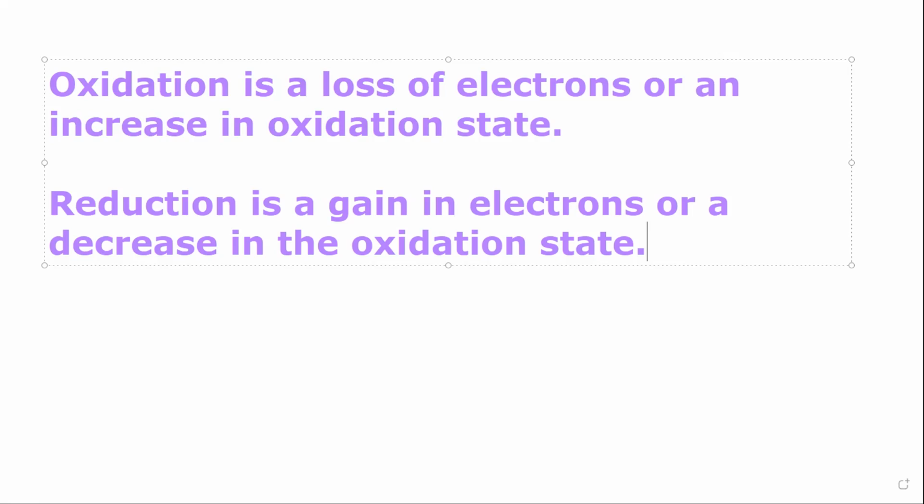For example, with copper oxide and hydrogen, the chemical reaction that we have just discussed, the copper ions have gained electrons, and the hydrogen atoms have lost electrons. So let me rewrite that equation.